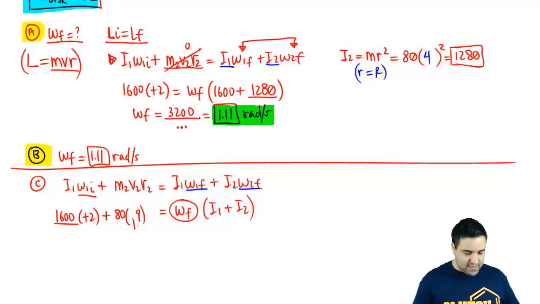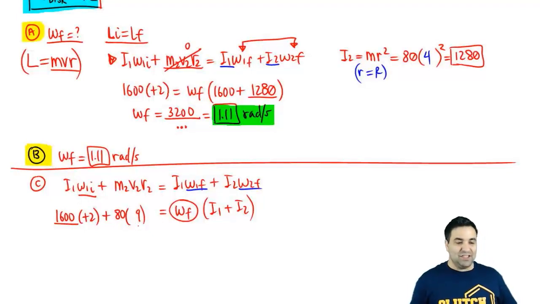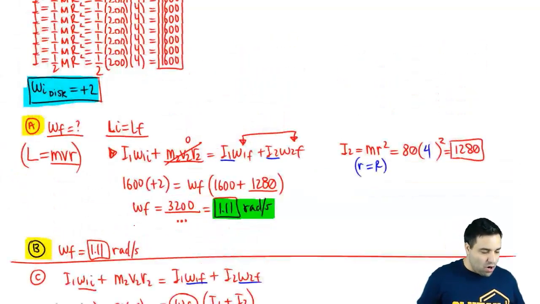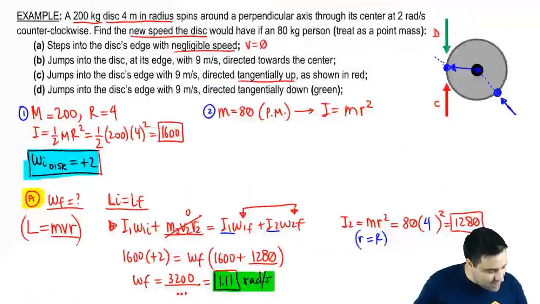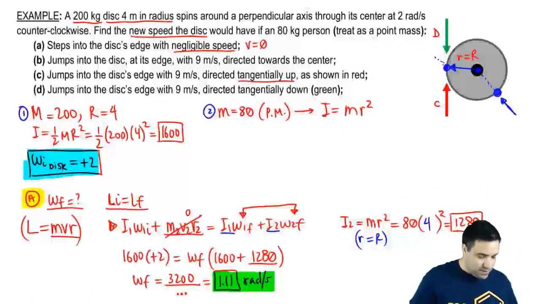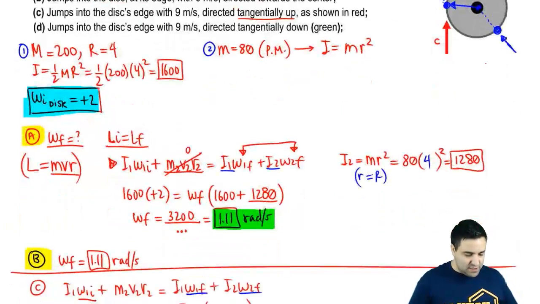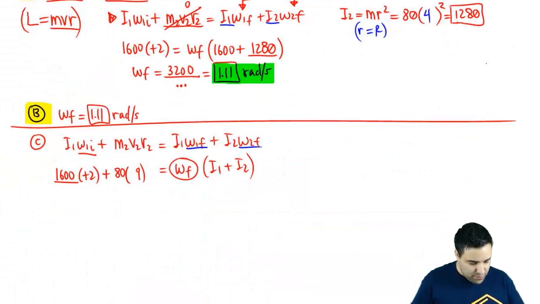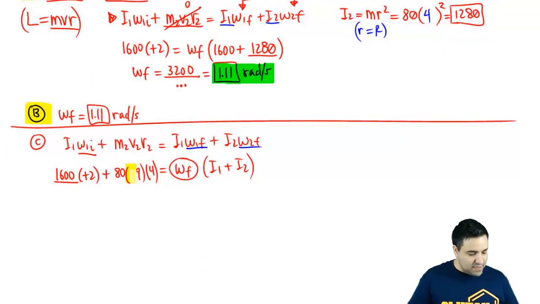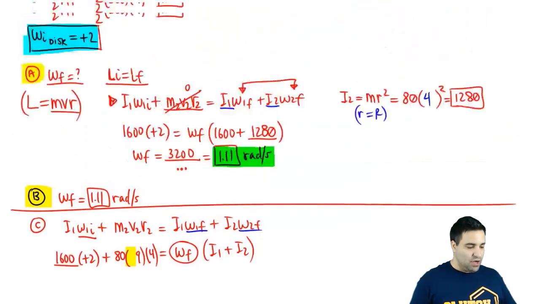We'll talk about that in just a second. And you are jumping tangentially at the edge of the disk, which means your R is the entire radius here. Your R is the radius, and the radius is 4. So I'm going to put a 4 here. Now we got to talk about this velocity. That's going to be the difference between parts C and D, is just the sign of that velocity.